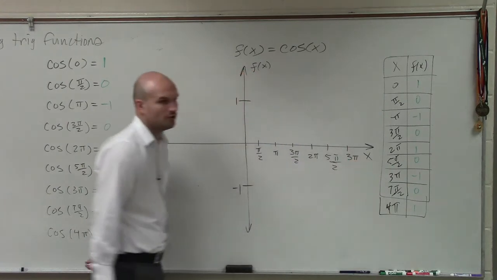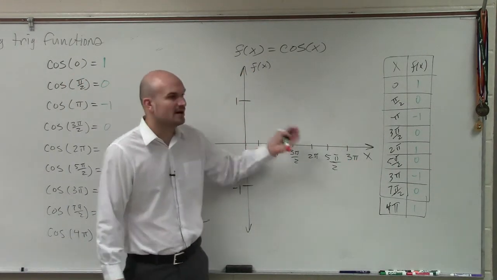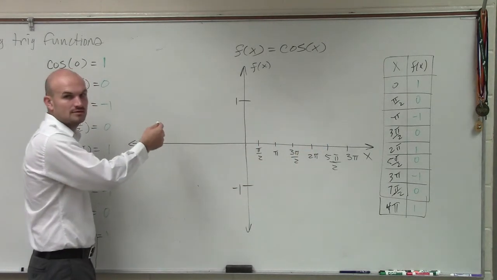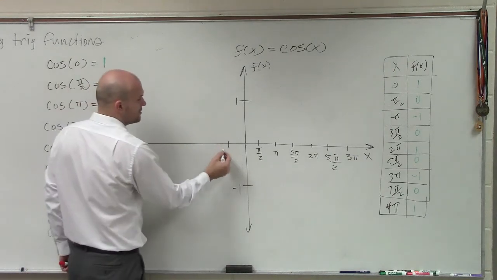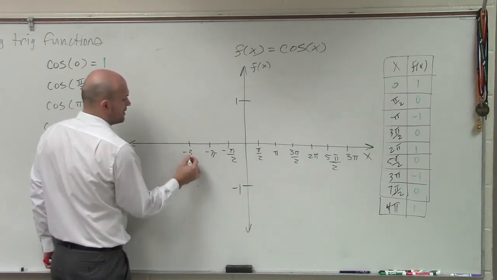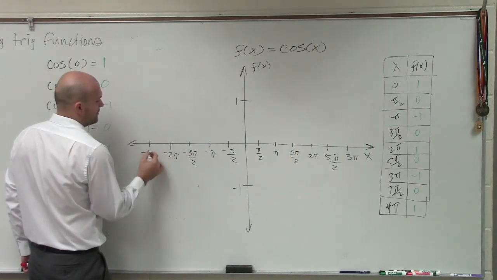I'll continue at least to 3 pi because I'm running out of space. However, if I went in the positive direction, could I also do the unit circle in the negative direction? Yeah, so let's do negative pi halves, negative pi, negative 3 pi halves, negative 2 pi, negative 5 pi halves.